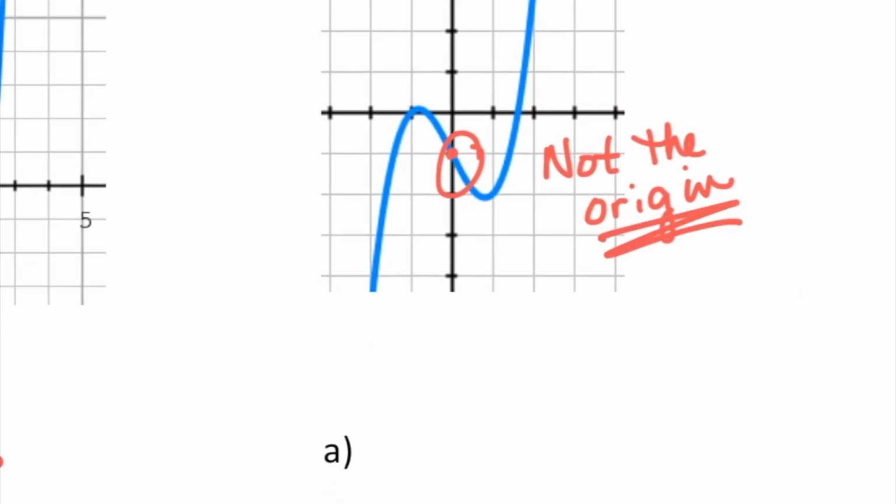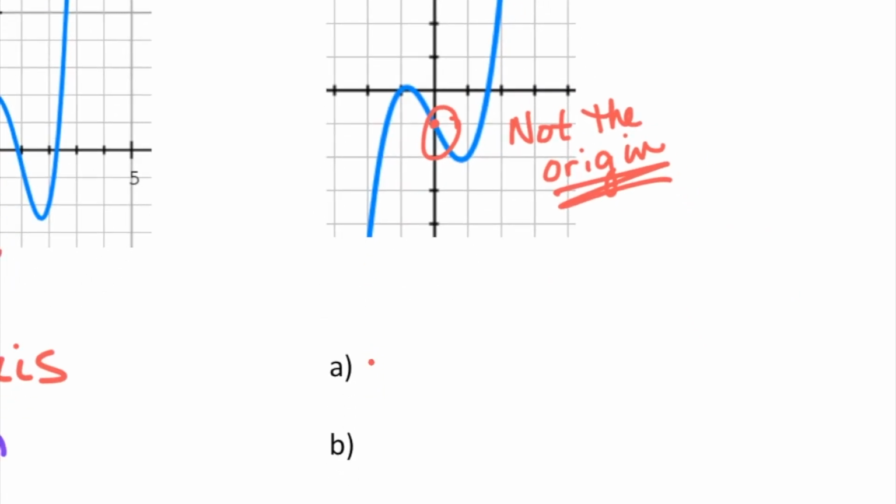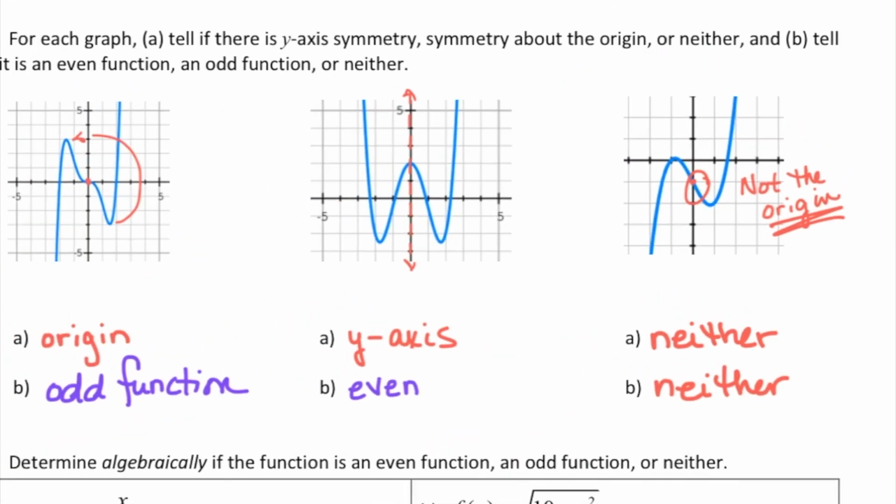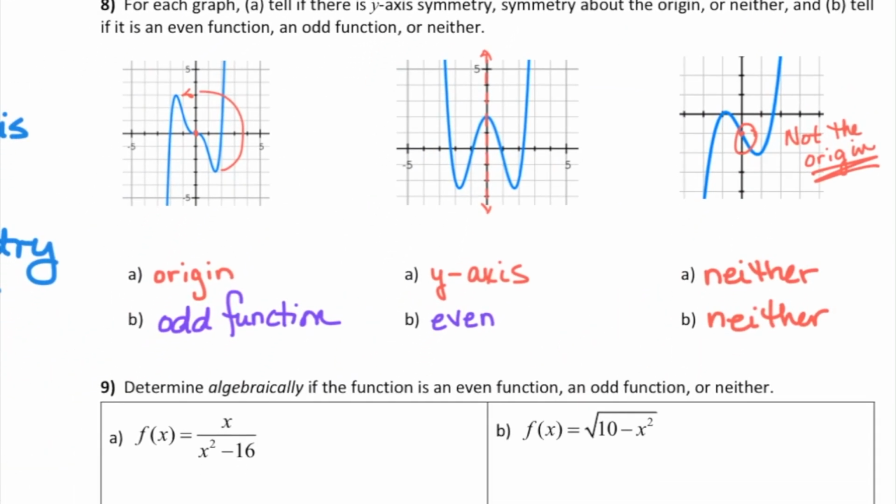That's not the origin, and therefore it has neither of the two types of symmetry that I'm asking for, and therefore it is neither an even function or an odd function. And so there you have three examples of even functions, odd functions, origin symmetry, and y-axis symmetry.